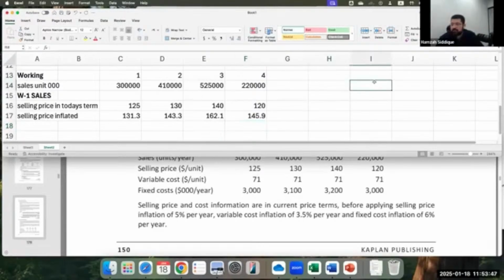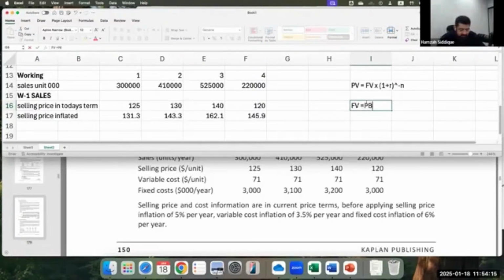You see here, the formula is here. Future value. How to calculate present value? Present value is equal to future value into 1 plus r raised to power minus n. This is the present value formula. n is the number of years. Future value we need to calculate: present value into 1 plus r raised to power n.